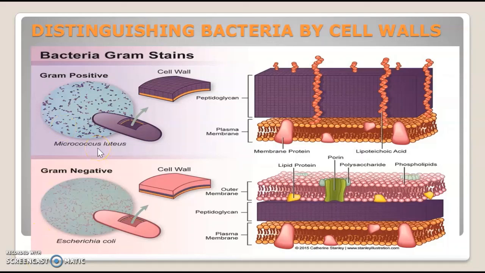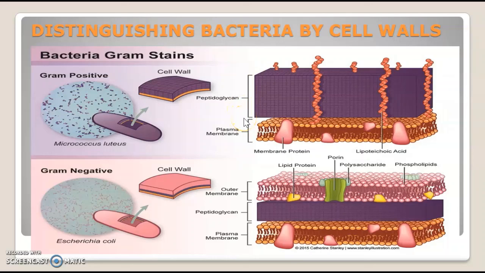It is because of the different structure of the cell wall in gram-positive and gram-negative bacteria. The outermost layer of gram-positive bacteria contains a layer of peptidoglycan.